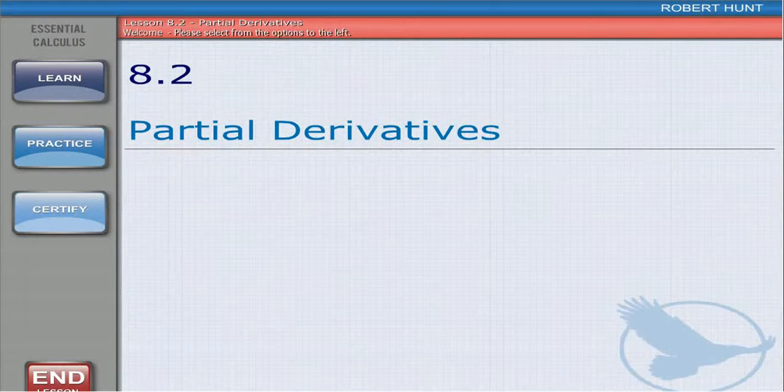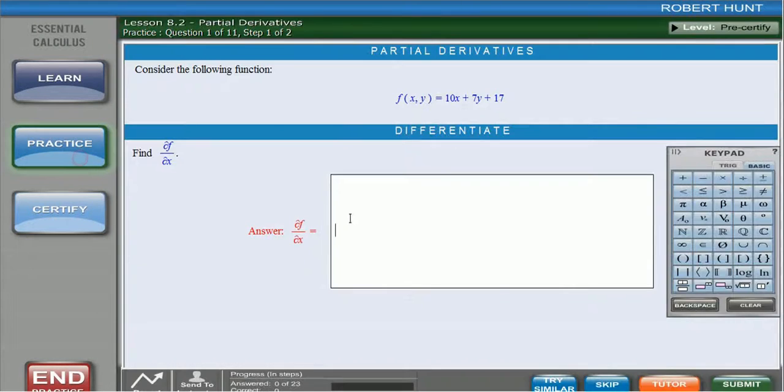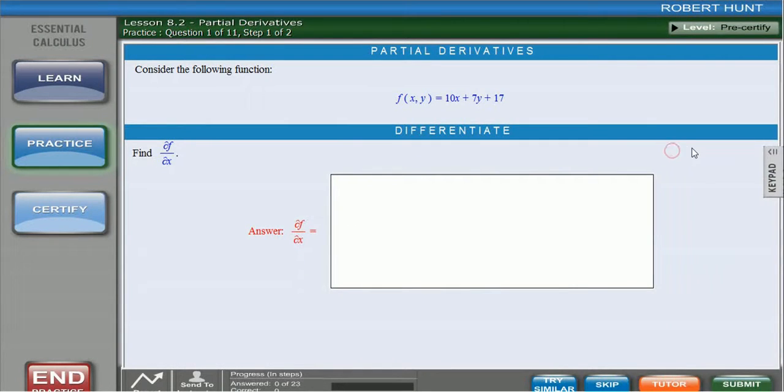Okay, section 8.2, partial derivatives. First problem right there, 10x plus 7y equals 17. They want us to find, in step 1 here, the derivative with respect to x. Okay, so give me a second to write that down.